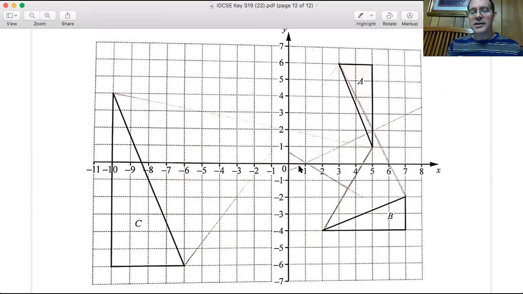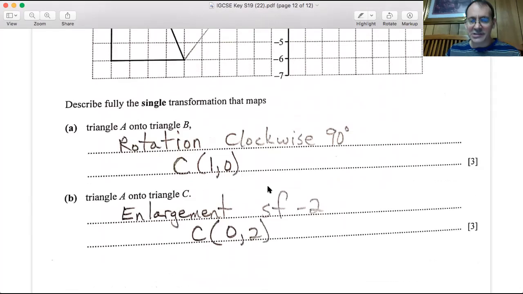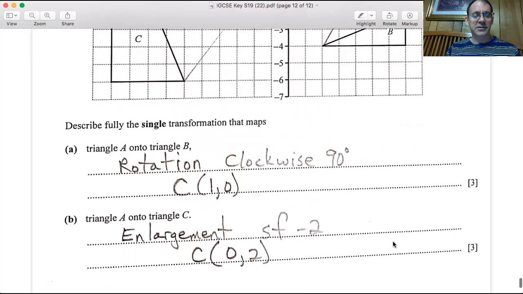Where your perpendicular bisectors intersect, that is your center. So it's at (1, 0), center (1, 0). 3 points, one for each piece of information: one for rotation, one for clockwise 90 degrees, one for the center at (1, 0). The center is kind of the trickiest one to find on rotations. So hopefully you would get at least 2 of those 3 points, but that is how you find the center.